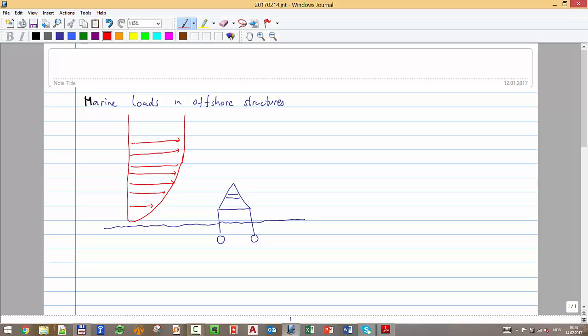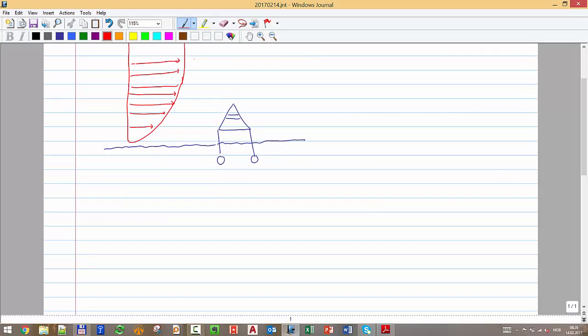So that's wind: masses of air moving and impacting against the part of the structure that is dry, above the sea level. Let me mark the sea level, and let me put the seabed.